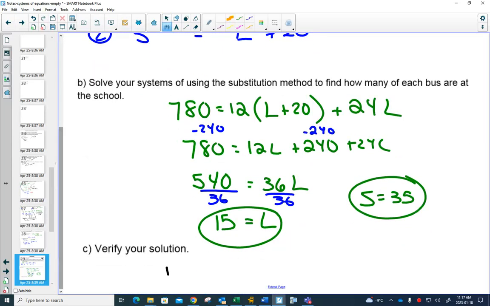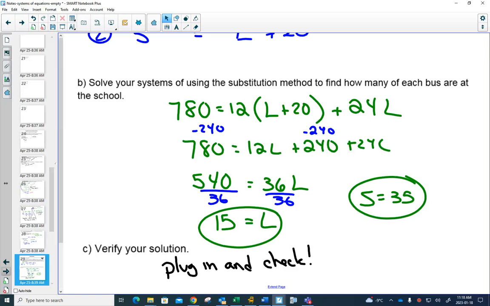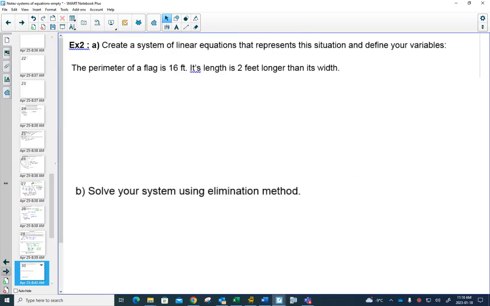I'm going to plug in and check. Obviously, on a test or a quiz, if it said to verify, you'd have to show that you plugged it in and show that it works. But that's a good strategy to use all the time.